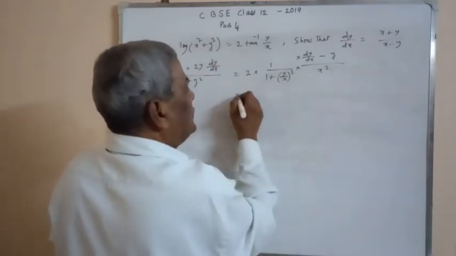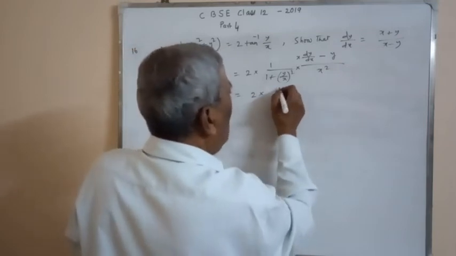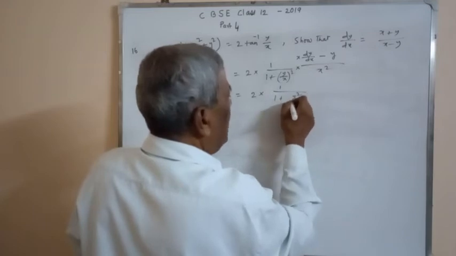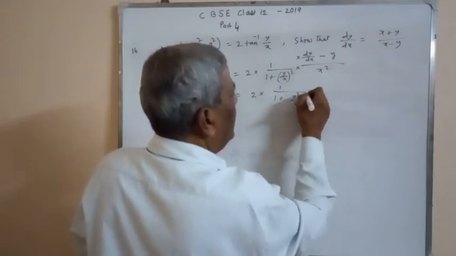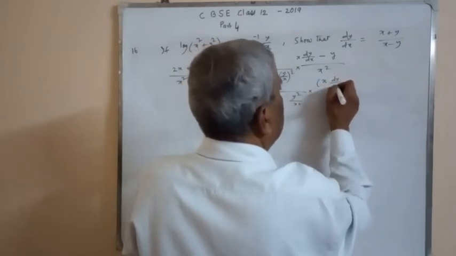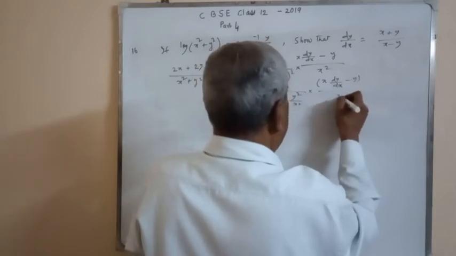Now this is equal to 2 into 1 by 1 plus y square by x square into x dy dx minus y divided by x square.